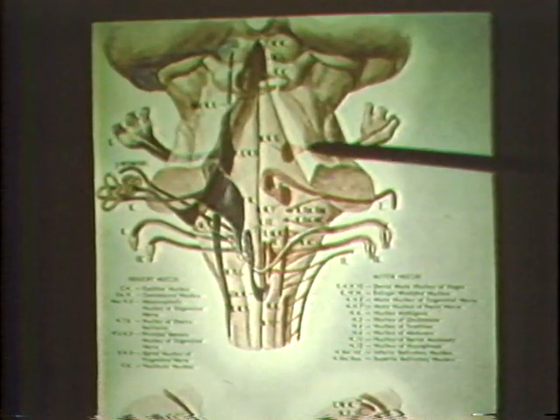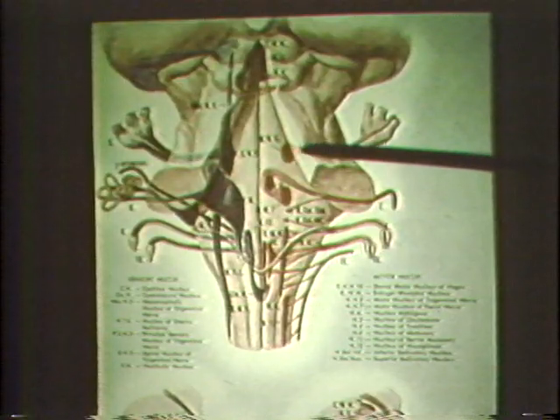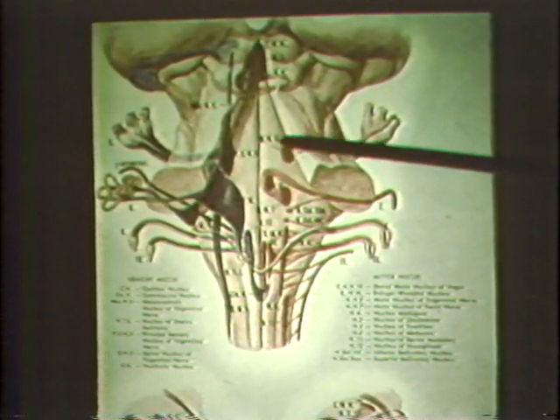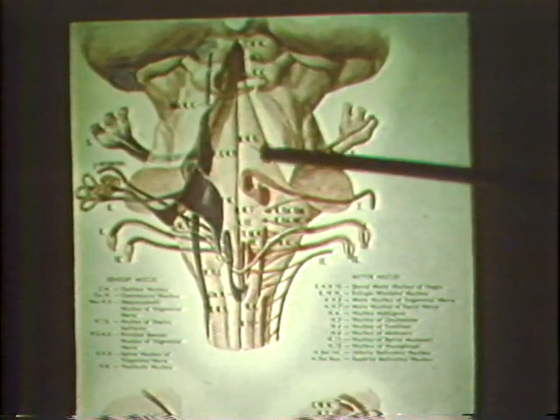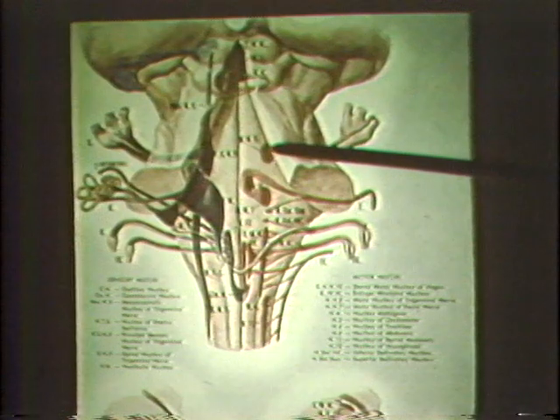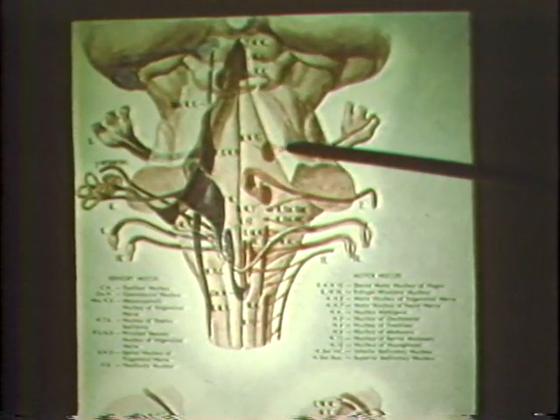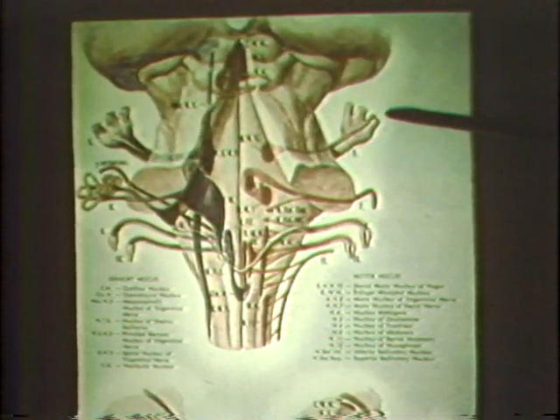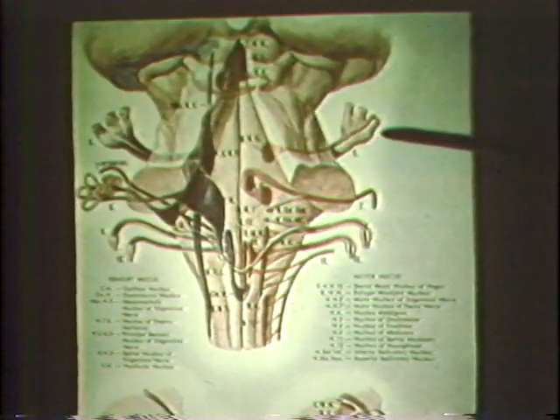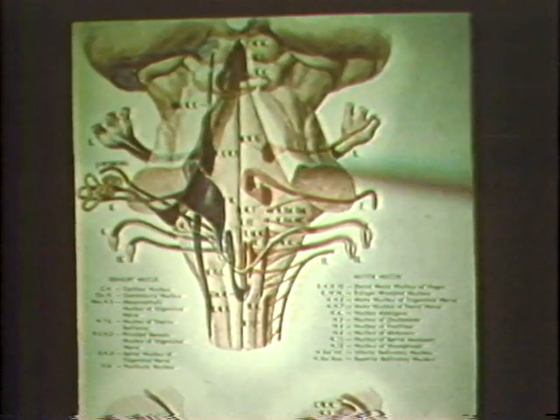On the opposite side, we see that there is a motor nucleus of the trigeminal nerve, and it is within this motor nucleus that the alpha and gamma motor neurons are located for all of the muscle activity within the muscles of mastication. The portion of the trigeminal nerve which then transports the motor activity is the third division, or what we call the mandibular division.